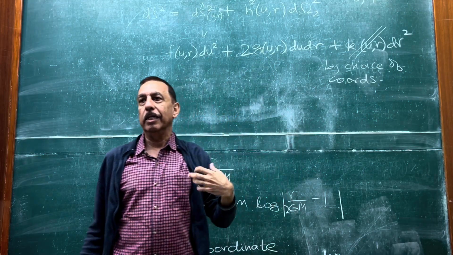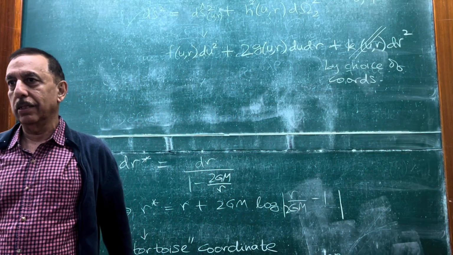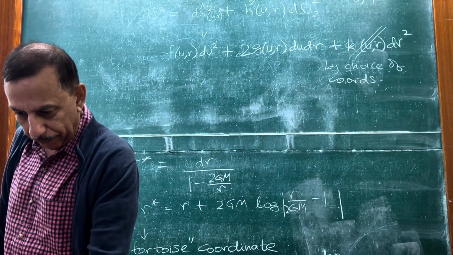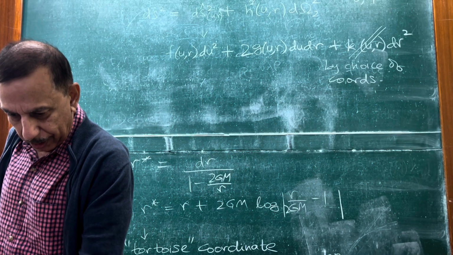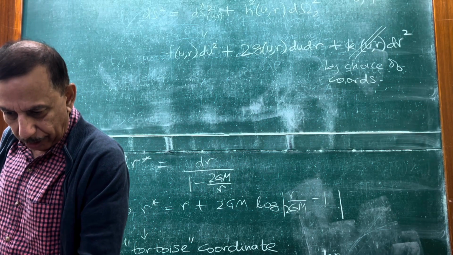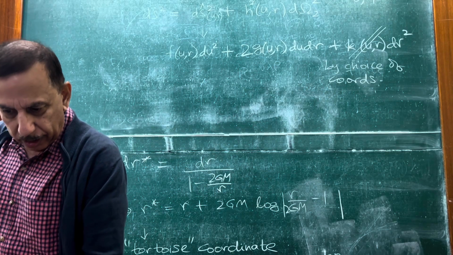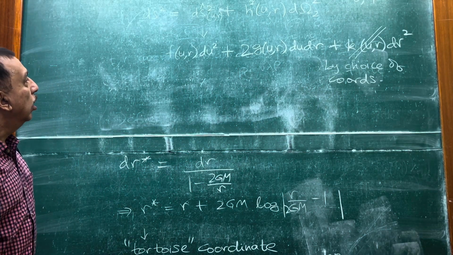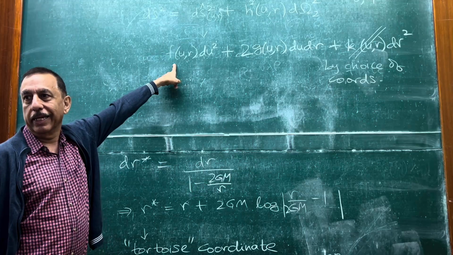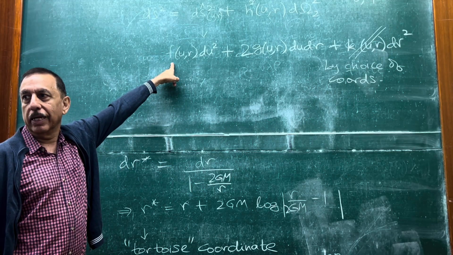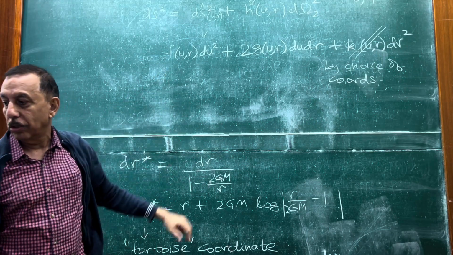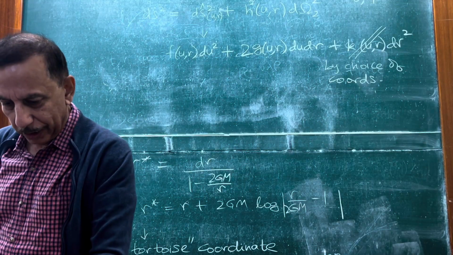So therefore, we'll get either ingoing or outgoing as we like, because both are possibilities. Okay, good. And we'll also get that the sign of this is negative. This is always negative for Eddington-Finkelstein. So all those are going to be outputs of our calculation.